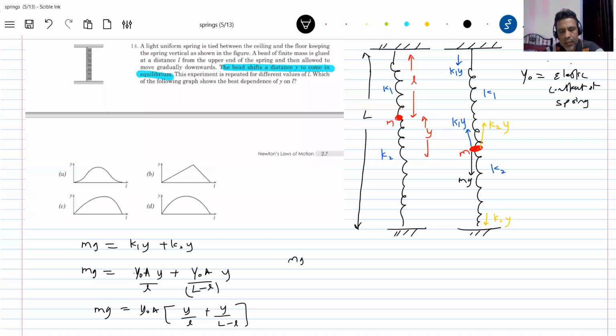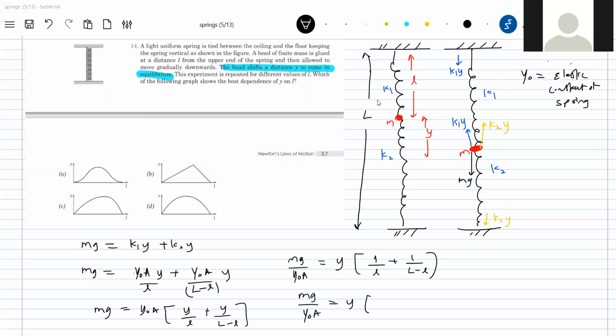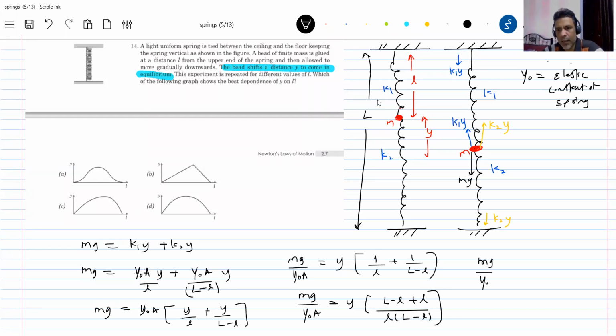So this should be equal to mg equals Y naught A y by 1 by L plus, so there should be capital L minus L plus L by L into capital L minus L. So further, mg by Y naught A equals y capital L by L into capital L minus L. So let's go further: mg minus mgl square whole divided by Y naught A.